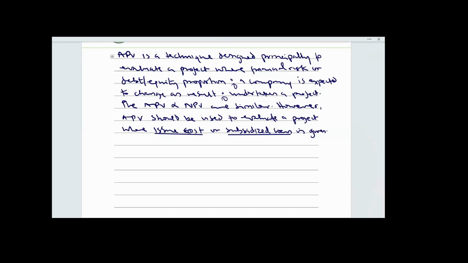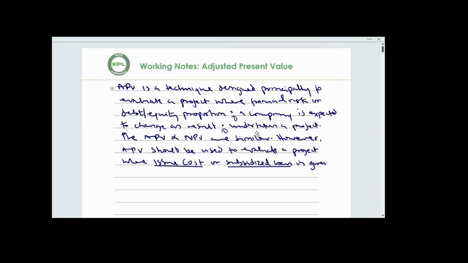So it is only adjusted present value that uses issue cost and then subsidized loan. So if in a question you can see anything like issue cost or subsidized loan, and an examiner is asking you to evaluate a project, then you should know that you are supposed to use adjusted present value to evaluate, because oftentimes examiner will not tell you to calculate adjusted present value. It is implied in the question.